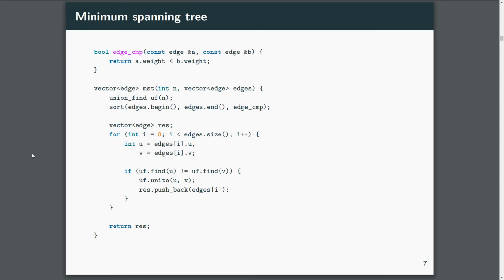Then in our MST function, we have n as a parameter, just the number of nodes or vertices, and then the list of edges. So we define our union find, we sort the edges, and then we create a list which will contain our answer, so what edges we selected.